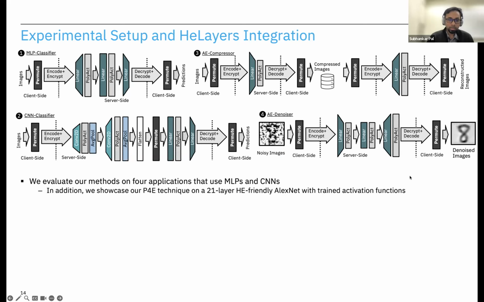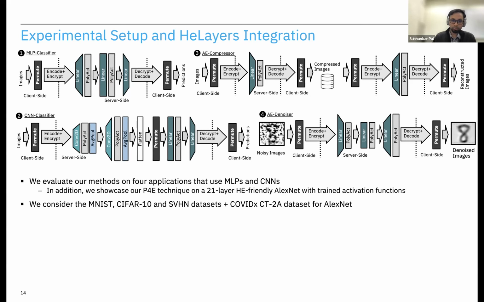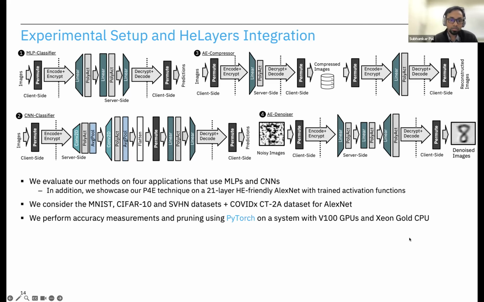So these are the 4 applications. And in addition, we have results for a large HE-friendly AlexNet network trained with trainable activation functions from our prior work, just to show that we can also support very deep networks. And we consider these data sets as shown.